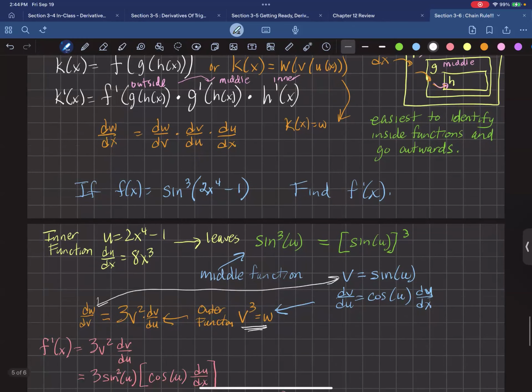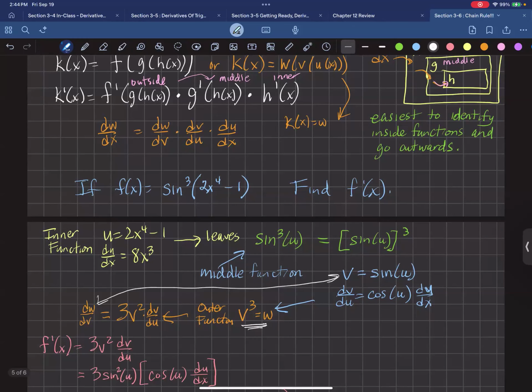And then I replaced my v with sine u, so I had sine squared u. I replaced dv du with my cosine u du dx. And now I've got u's in both, but that's not where I want. I want to go all the way back up here to u equals 2x to the fourth power minus 1.